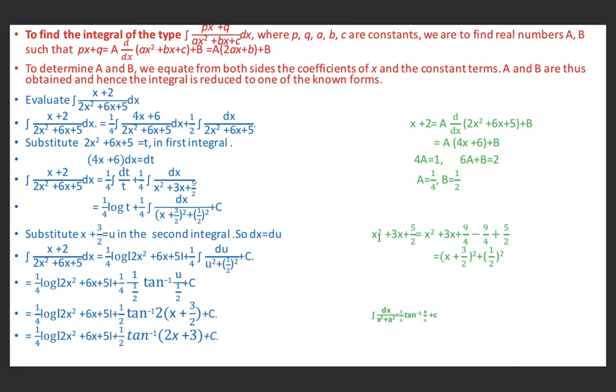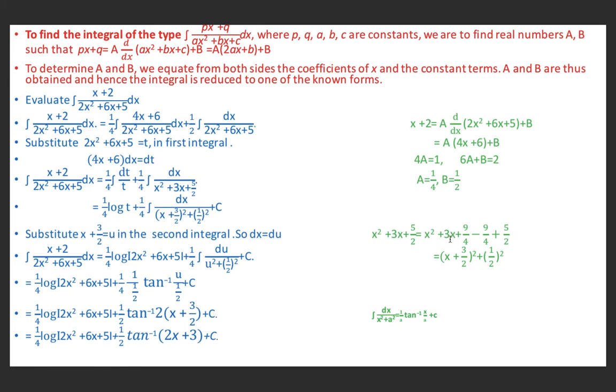The coefficient of x here is 3, half of it is 3 by 2, square 3 by 2, which is 9 upon 4. So add and subtract 9 upon 4 in this expression. So x square plus 3x plus 9 upon 4 minus 9 upon 4 plus 5 by 2.